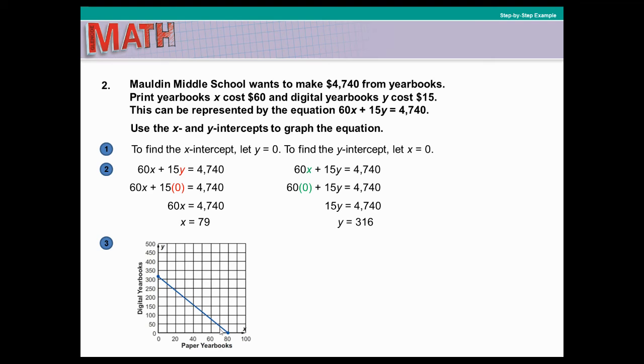Anything in between here, if you want to see, okay, I want to sell 20 paper ones, well, then I'd have to sell 240, I don't know what that is, probably 240 digital. If I sold 60 paper yearbooks, I would only need to sell about 75 digital ones. That's how you can use that in a real life situation.